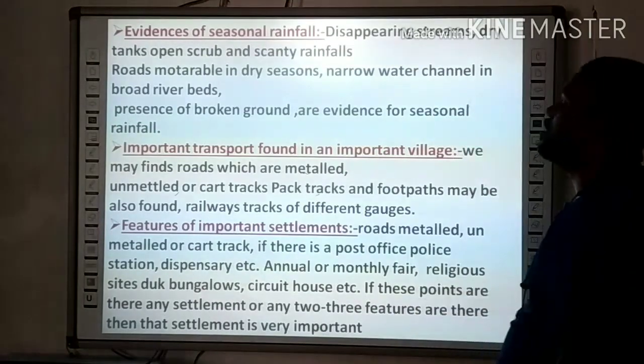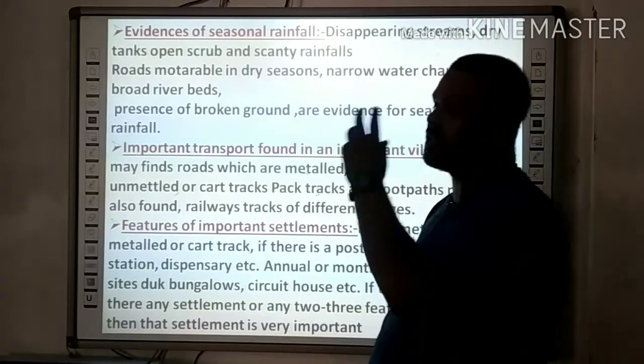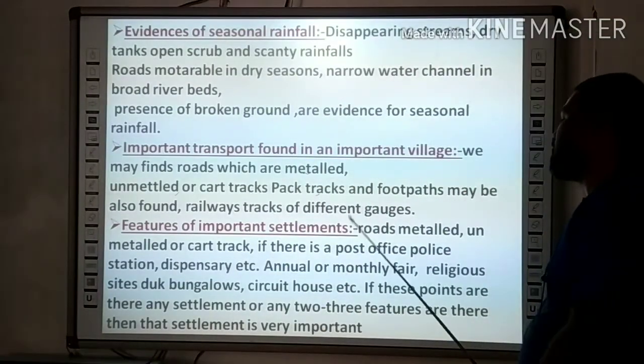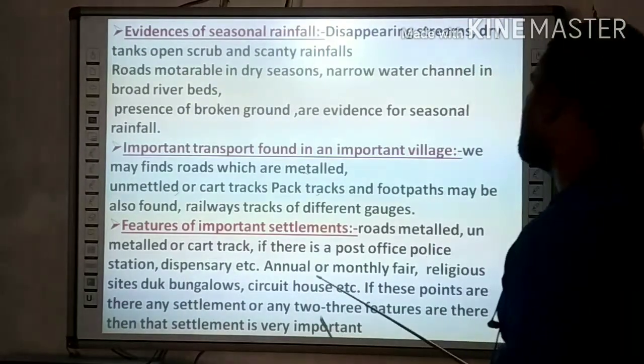Now features of an important settlement. What are the features of an important settlement? There might be a road, metalled or unmetalled, or even a cart track.